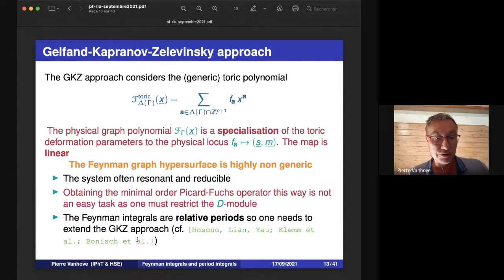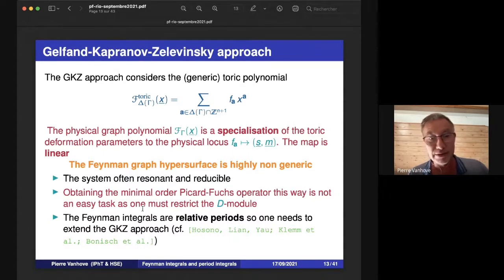Then with a student and Claude Duhr, they have a paper where, in some specific cases, they revisit the GKZ approach to some Feynman integrals. But there's still a lot to do.